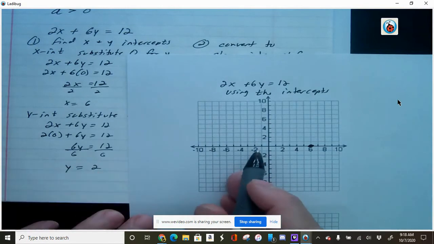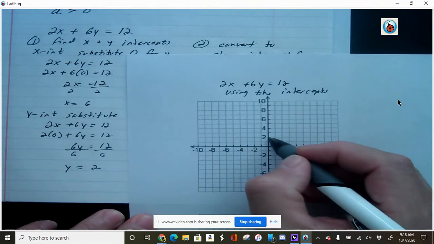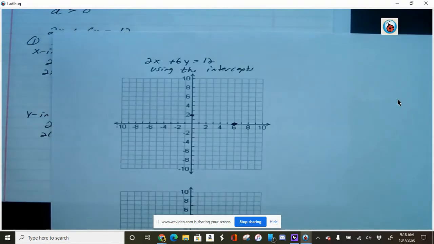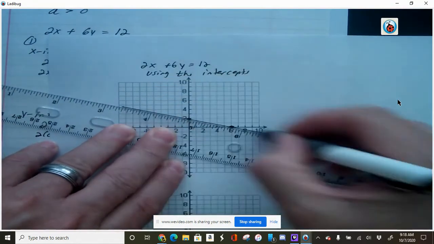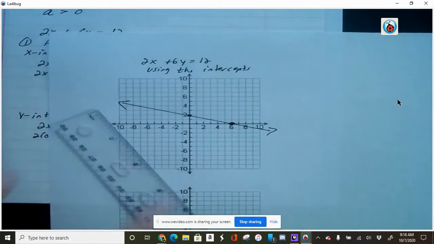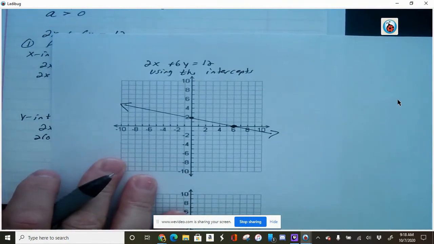I found the y-intercept of 2. So on the y-axis, let's find 2. There it is. All right, I'll take my ruler and connect the dots. There you go. So using intercepts, we can graph that function written in standard form.